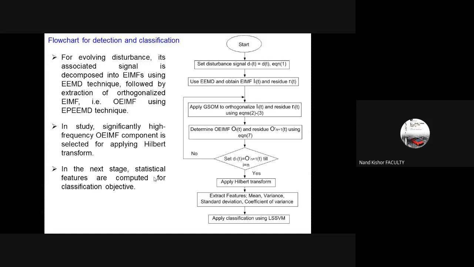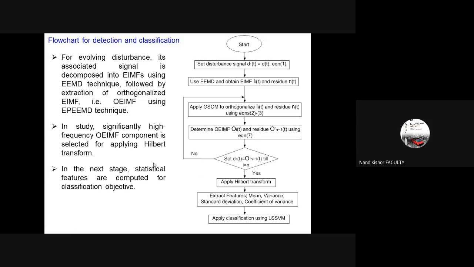And the next step was the calculation of some statistical features, so that we can have the classification of those disturbances, those events, using the least square SVM.